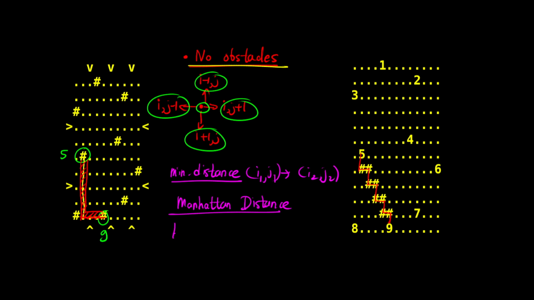And it is the absolute value of I1 minus I2 plus the absolute value of J1 minus J2. This would be what we need to find out for all the pairs, the summation over all the pairs of hashes.